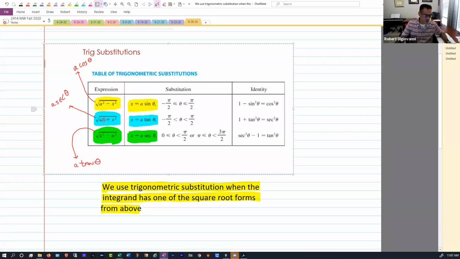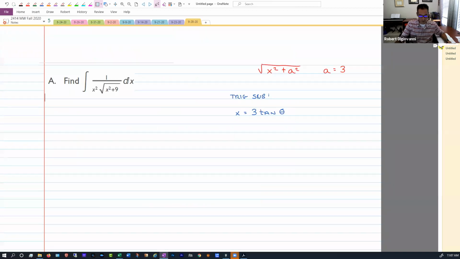So what I know is that the square root thing is going to turn into a secant theta. So I'm just going to go over here and write down that the square root of x squared plus 9 should be equal to a, which is 3, and then secant theta.